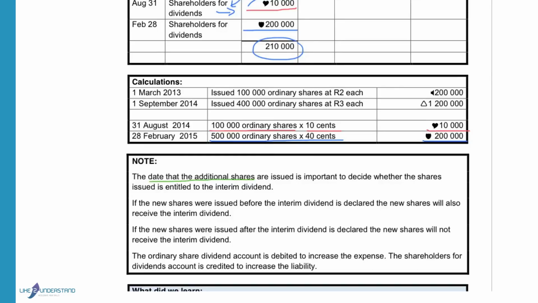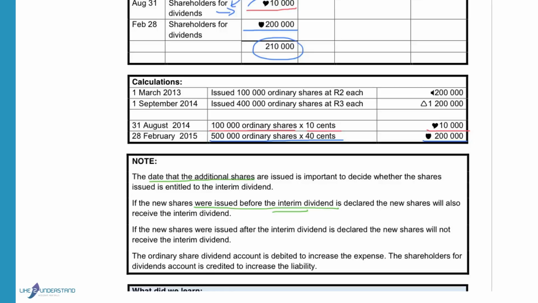If these new shares were issued before the interim dividend is declared, the new shares will also receive a dividend. So even if they only had the shares for 2 or 3 days, if they bought the shares before the interim dividend was declared, they are entitled to this dividend. And the old shareholders and the new shareholders will then receive the interim dividend.